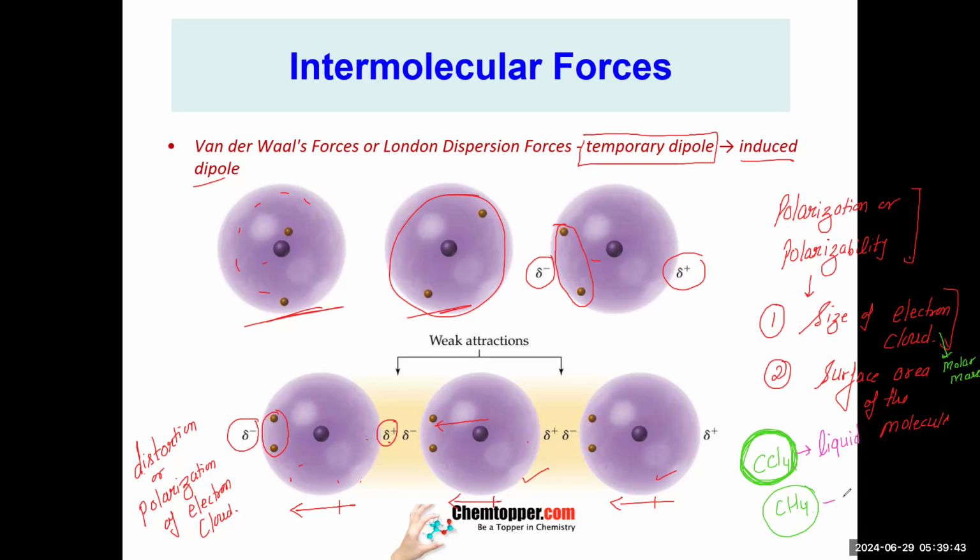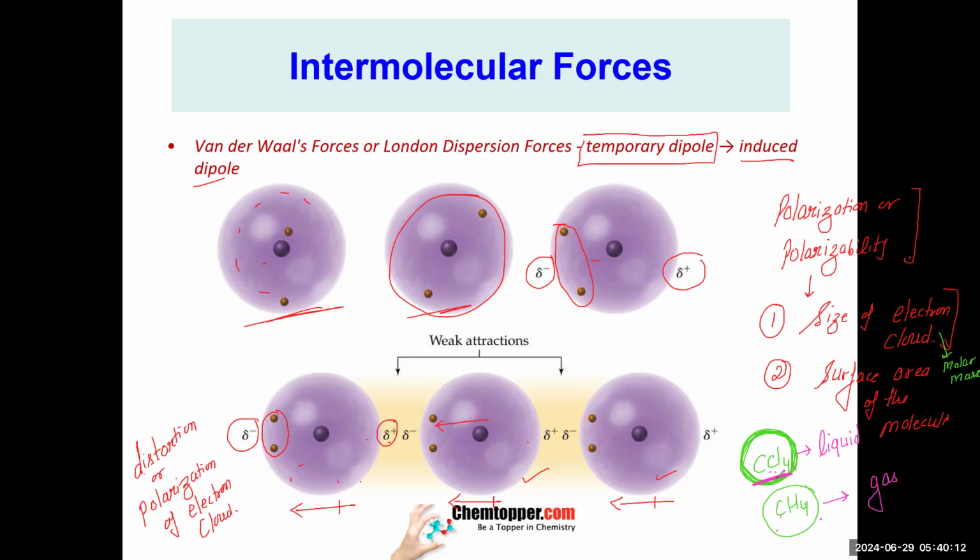And what is the state of CH4, methane? It's a gas. So this can be a question. CCl4 and CH4, they will say it's liquid and gas. Explain why. Is this molecule polar? This one, CCl4? Draw the Lewis dot structure. No, it's non-polar, right? If it is non-polar, this one is also non-polar.